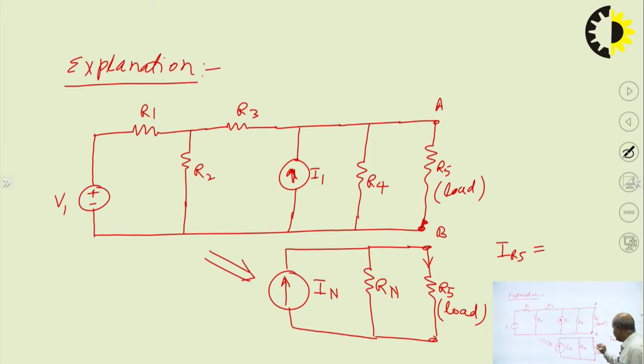This current will divide between these two resistances. So by the current division rule, the current in R5, IR5, will be equal to IN multiplied by Rn divided by Rn plus R5.